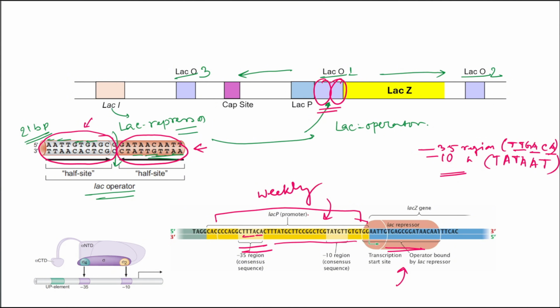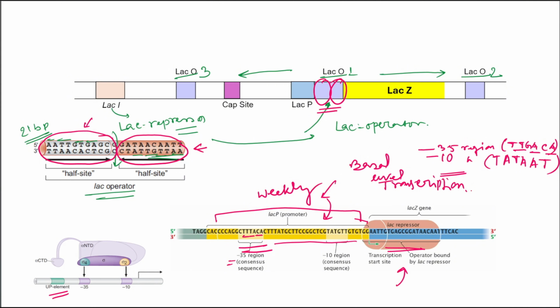So the -35 region is poorly matched, and the promoter also lacks an UP element, a sequence upstream of the promoter that enhances RNA polymerase binding. That's why RNA polymerase binds weakly to the lac promoter site, and that's the reason the transcription level is also low. This is called basal level transcription.